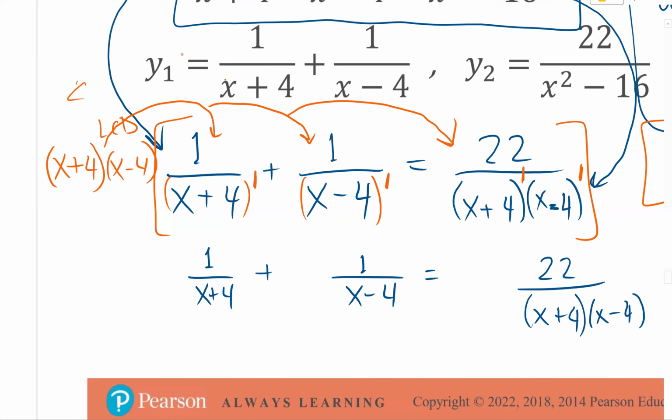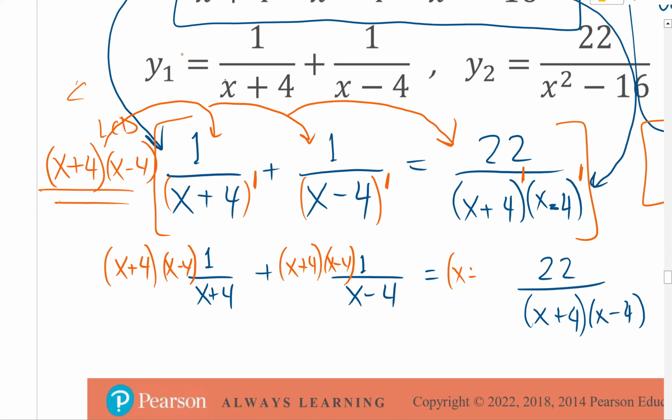X plus 4, x minus 4, you get an x plus 4, x minus 4. You get an x plus 4 times x minus 4. And you get one too. Put it over 1, just so I feel like I can actually cancel along the diagonal.